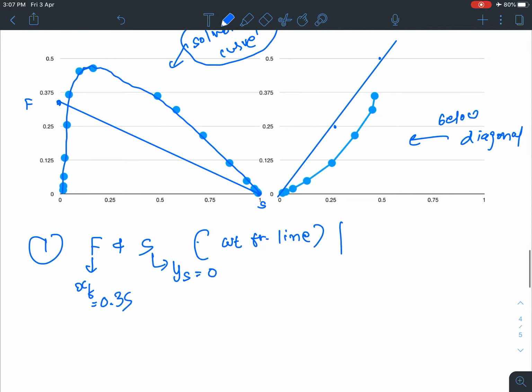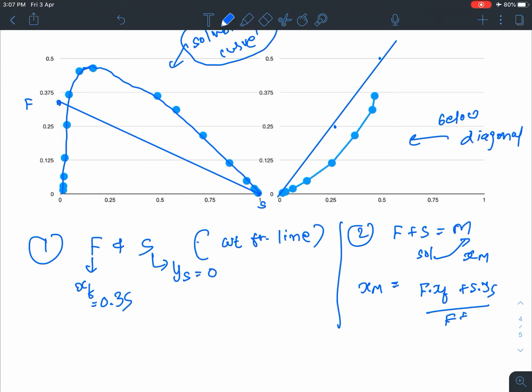Now second, I told you that we have to find F plus S equal to the mixture, that is, the amount of solute in the mixture, which is our xm. We know that xm is equal to (F xf plus S ys) divided by (F plus S).